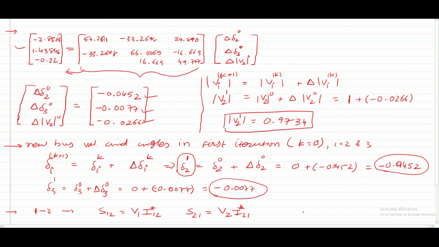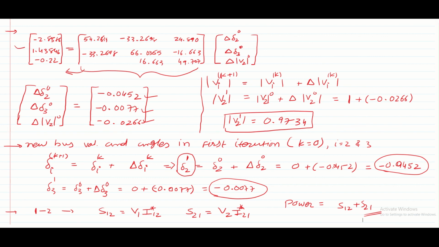Clear? And the power loss between bus number 1 and 2 is equal to S12 plus S21. So this is how we can calculate the power flow using the NR method. Okay.